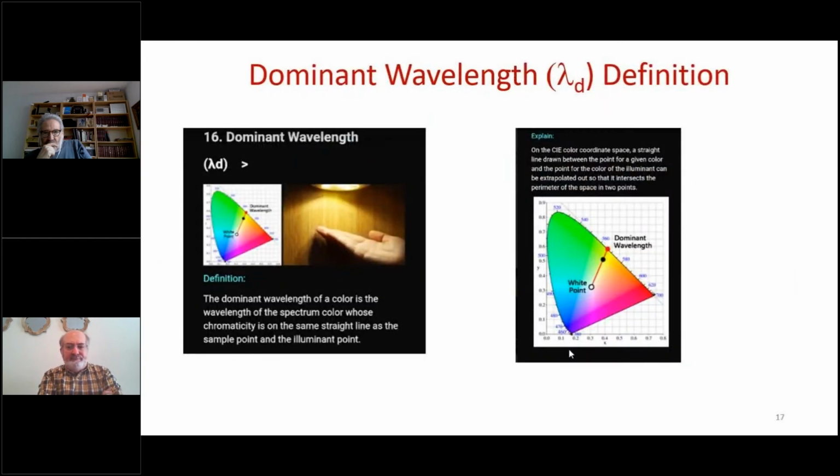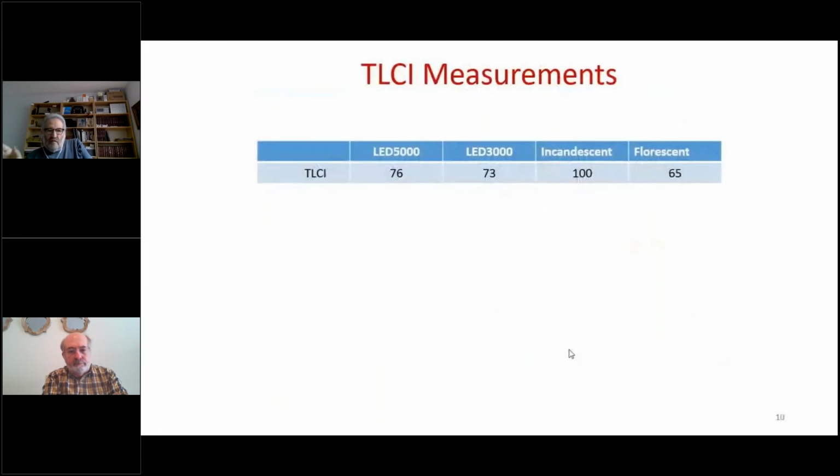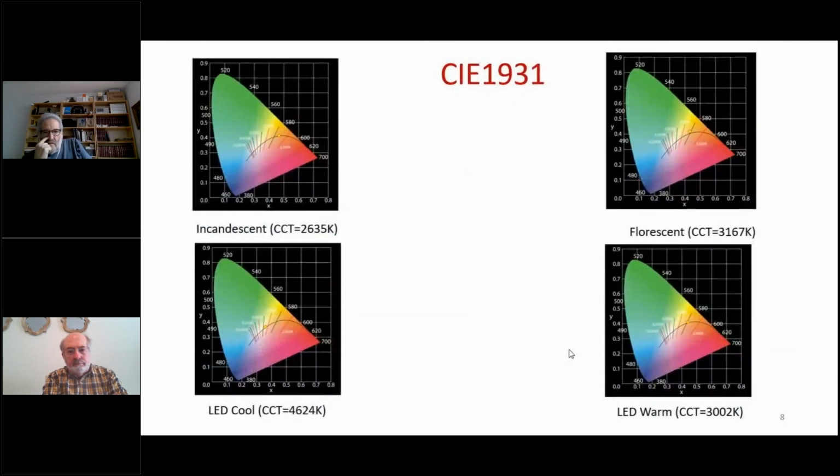Next is the dominant wavelength. What is a dominant wavelength? This uses the chromaticity. Remember we talked about the chromaticity diagram, and here is the chromaticity diagram. You have this yellow point, which represents the light source.